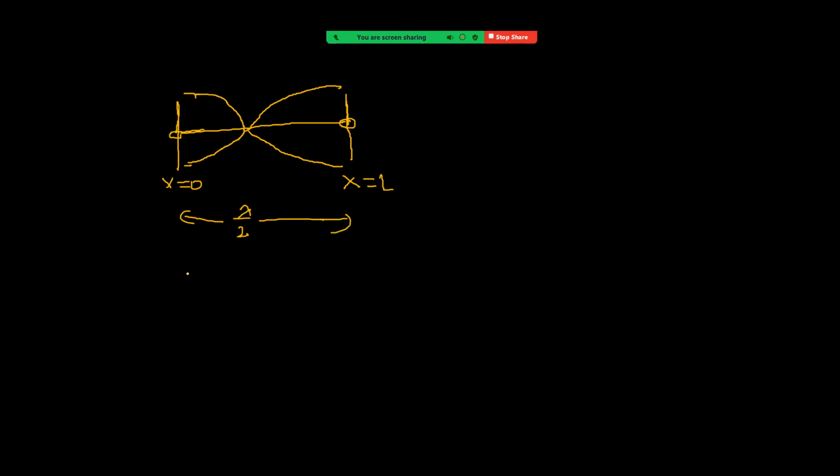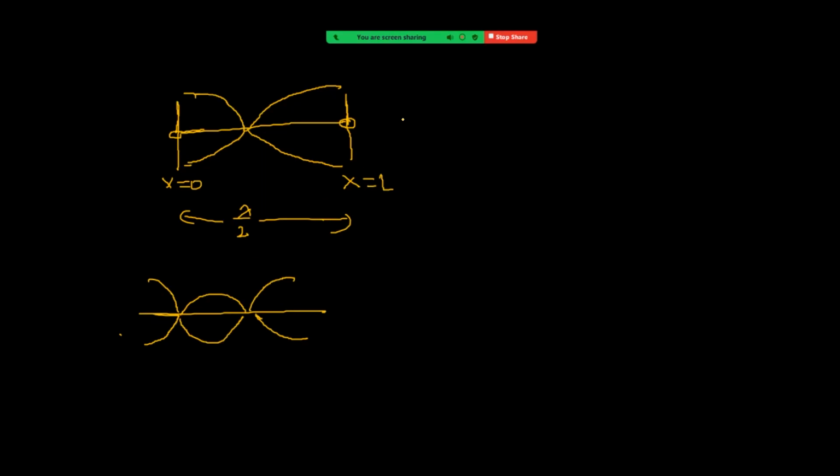And see the next possibility. So two half loops, one complete loop, like this. So in every frequency, we are having two half loops. Okay.